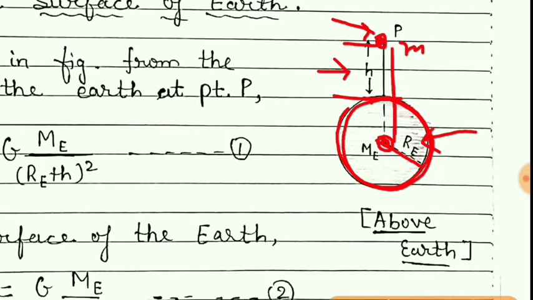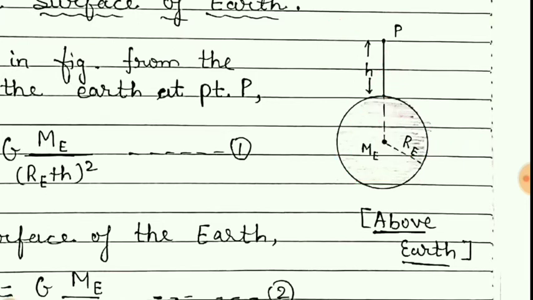This is the distance from the center, and that distance is nothing but radius plus height. So for distance square we have to take Re plus h square. I hope you understood this.